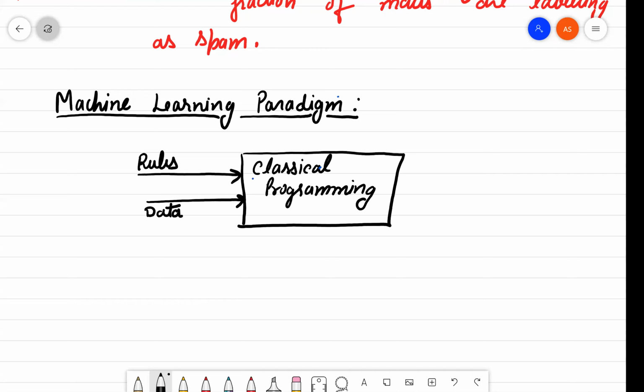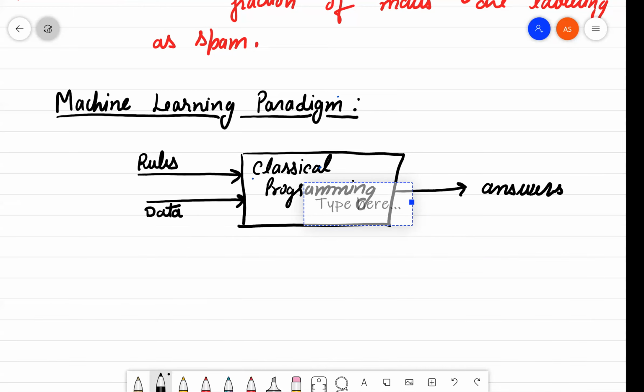It is processed by the program, and it gives an answer. For example, with a classical programming approach to spam detection, we would have certain rules like the mail talks about money, it puts a dollar sign in the middle, and it has too many caps, etc. These are the rules, and we will give some data.